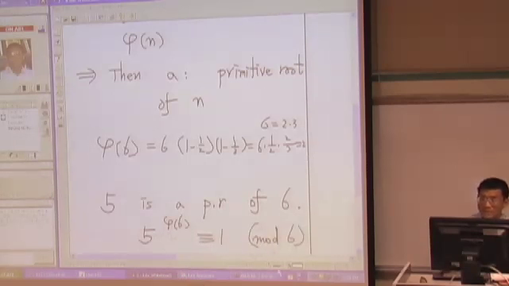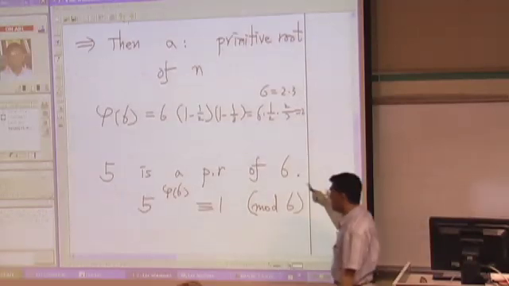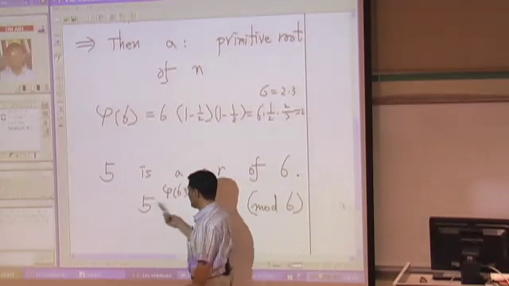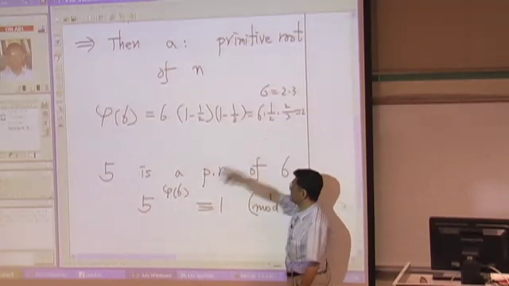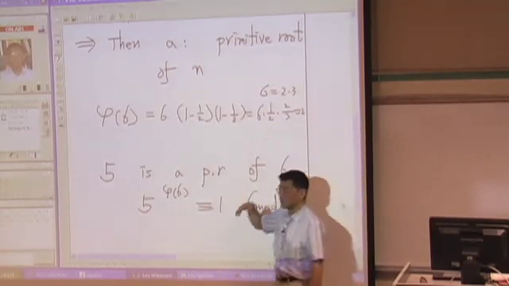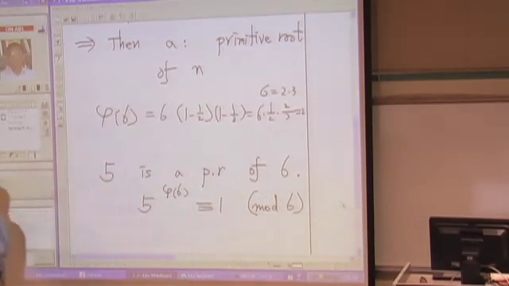And this is the smallest possible number giving the result, right? 5 squared is 1, right? 5 squared is 1. But before this number, it doesn't happen. So it's called a primitive root.